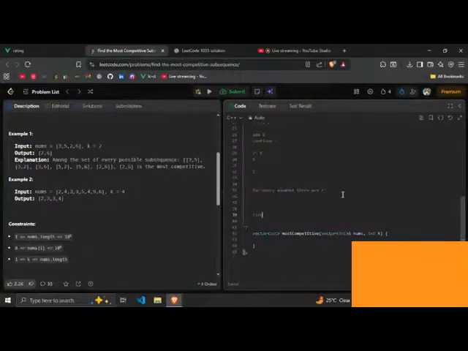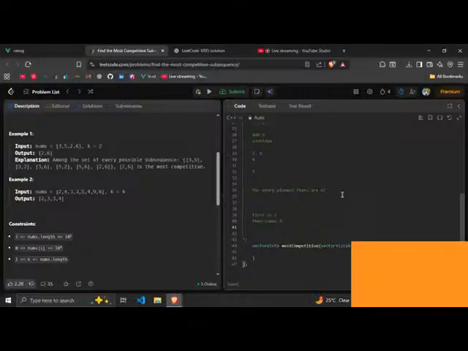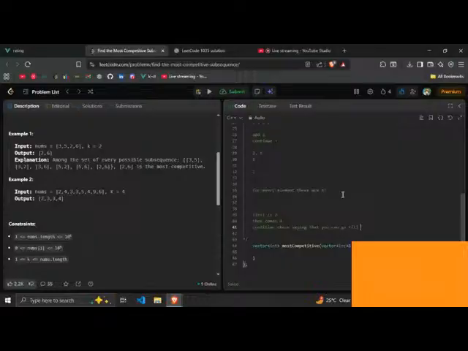Then there should be a base condition, a condition check: go till size minus k minus 1 elements to check for the first element itself.